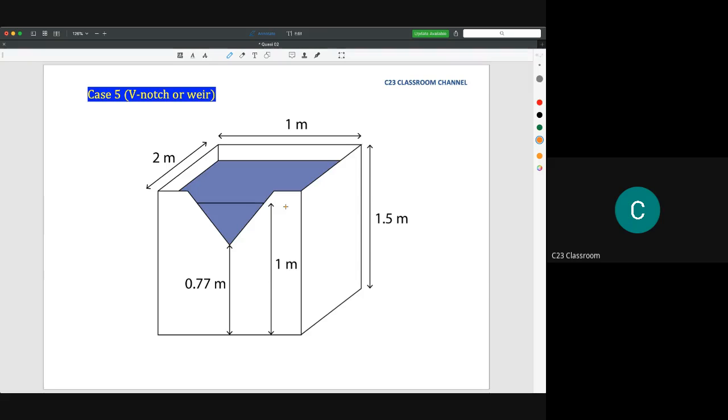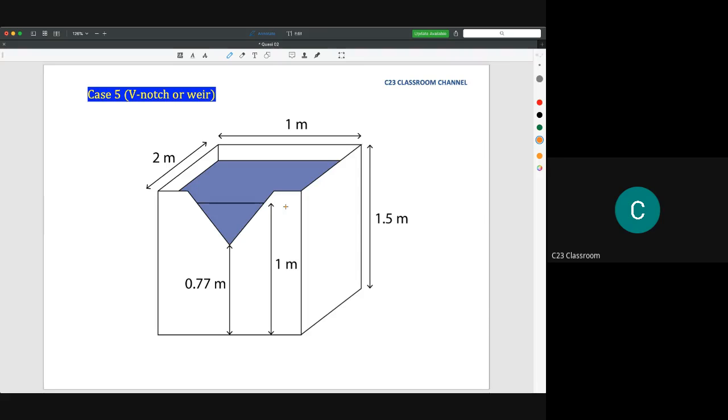So we just assume that the initial height is unknown, so we substitute with h, and then you could get the equation for the velocity outlet. Then you compare the flow at inlet and flow at outlet. You do the integration, you substitute the limits, then you will get the answer.